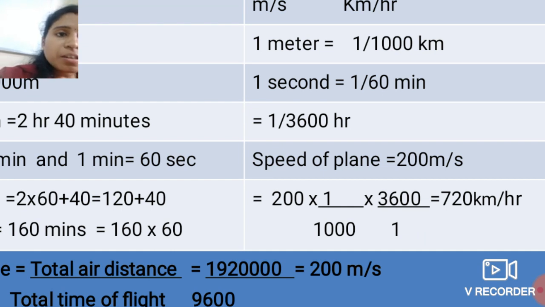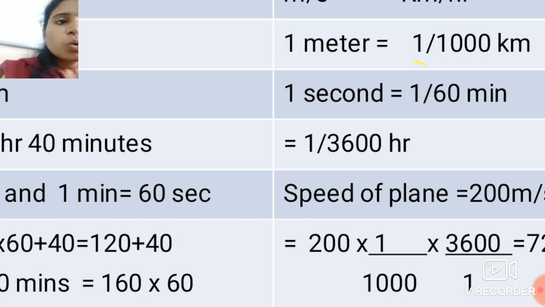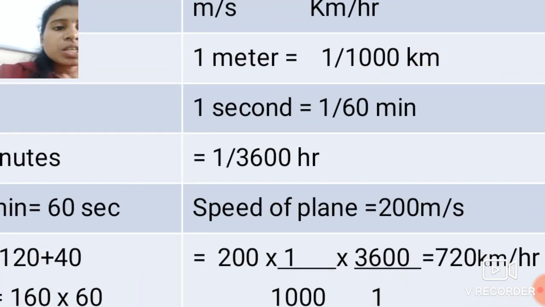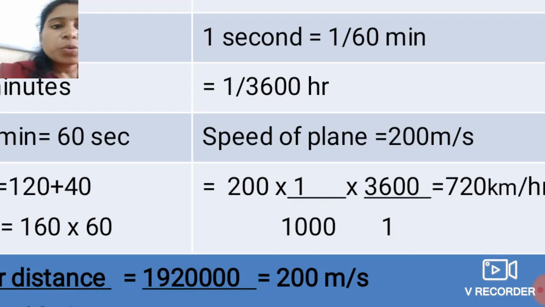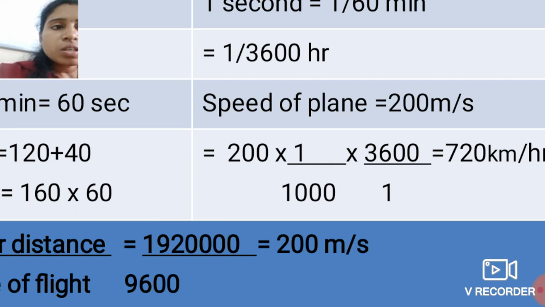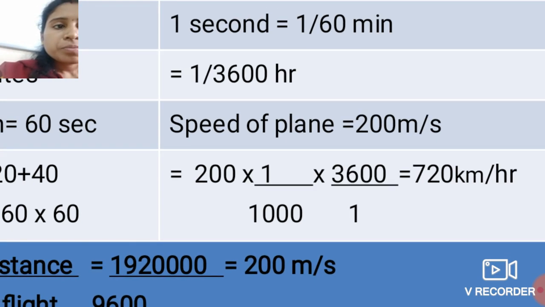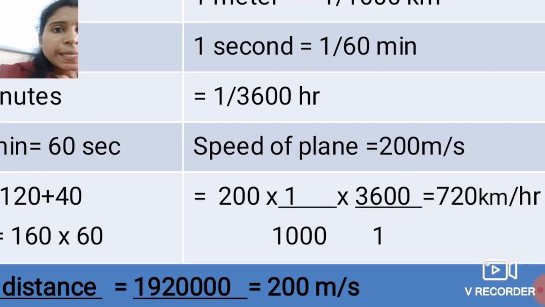So we can convert this into kilometer per hour. So students, how? 200 is as it is, meter per second. Meter means 1 meter. What is there for 1 meter? 1 upon 1000 kilometers. So for meter we put the value 1 upon 1000 kilometer, and for second we put the value 1 upon 3600 hours.